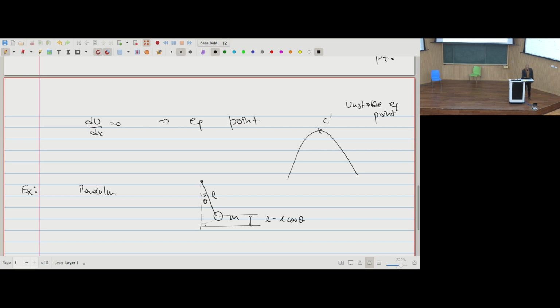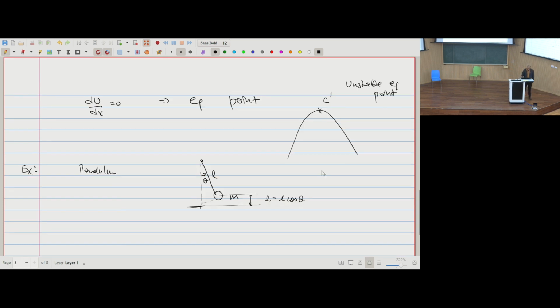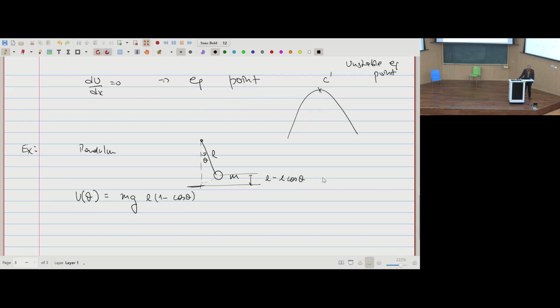So let's say the line where the mass is at theta equal to 0 is the reference position. So the height of the mass is L minus L cos theta. If I write the potential energy as a function of theta, that makes more sense, rather than taking it as a function of z. That's mg times L into (1 minus cos theta).